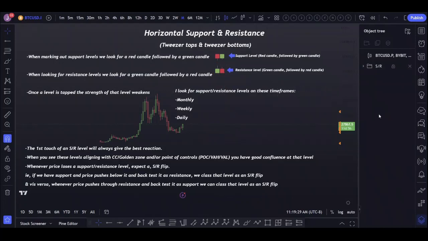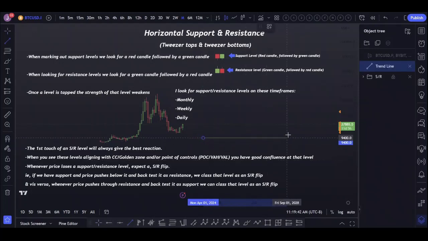Okay, so once a level is tapped, the strength of that level weakens. So if you have a level, I'll give you a quick example here. If you have a level here, and let's just say that this is a monthly level, okay?